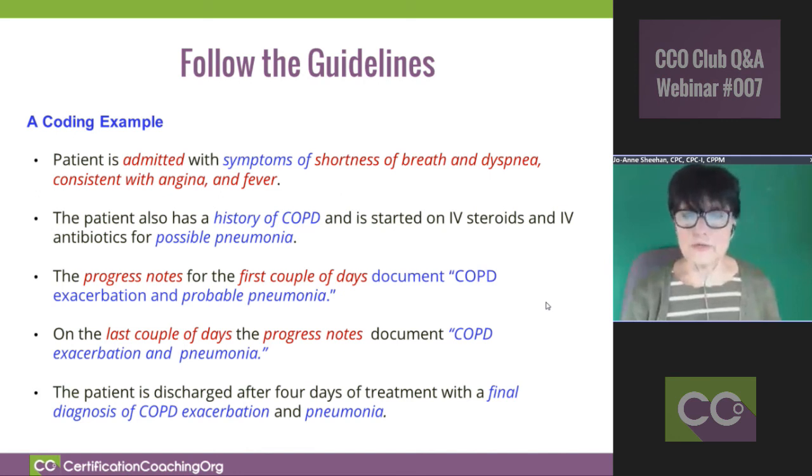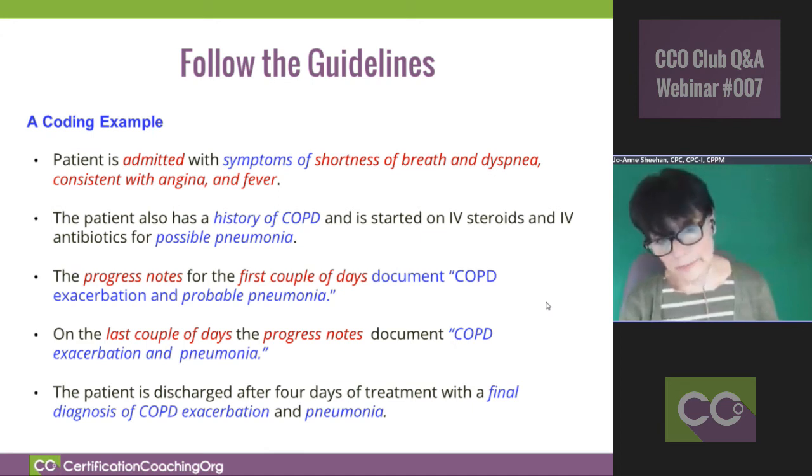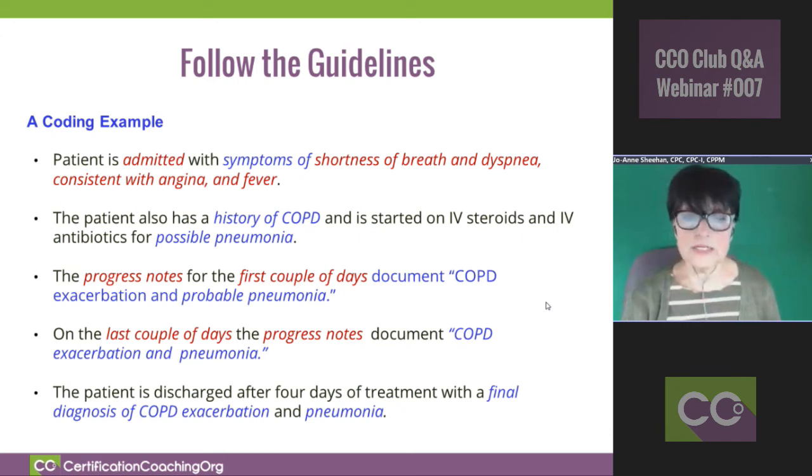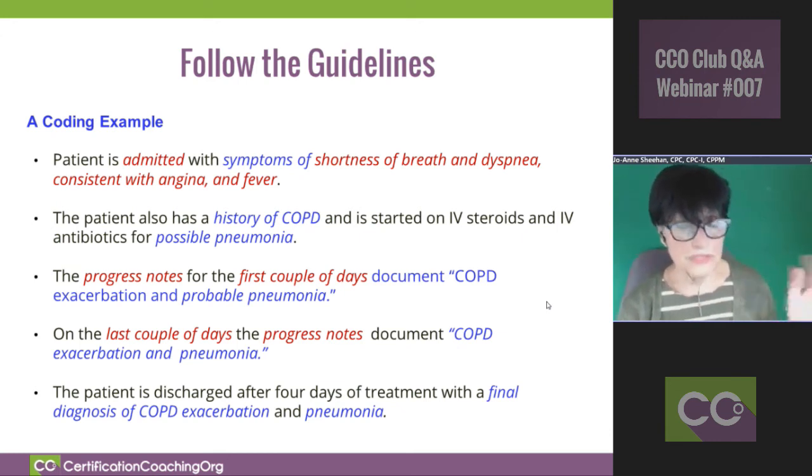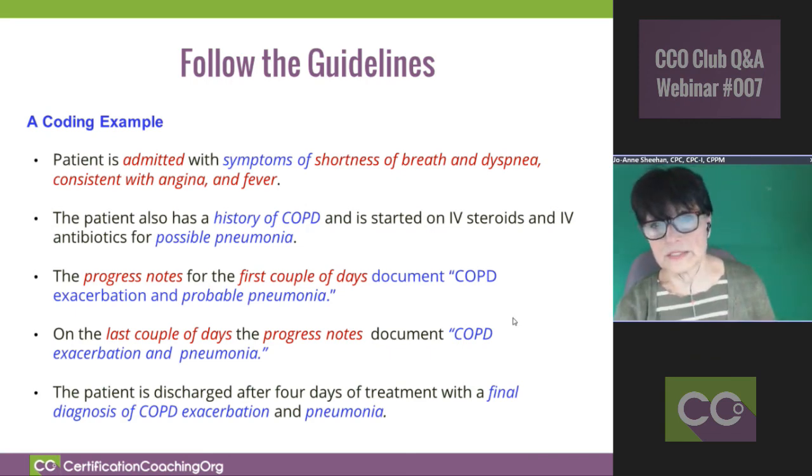The progress notes for the first couple of days document COPD exacerbation and probable pneumonia. On the last couple of days, the progress notes document COPD exacerbation and pneumonia. The patient is discharged after 4 days of treatment with a final diagnosis of COPD exacerbation and pneumonia. So this can go a couple of different ways.